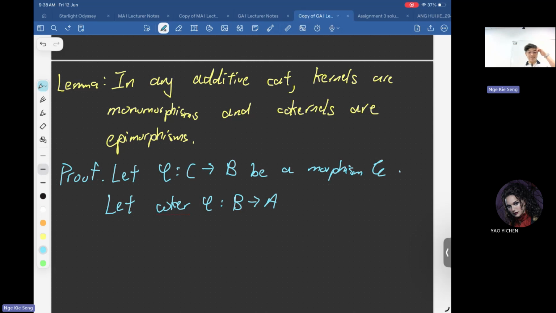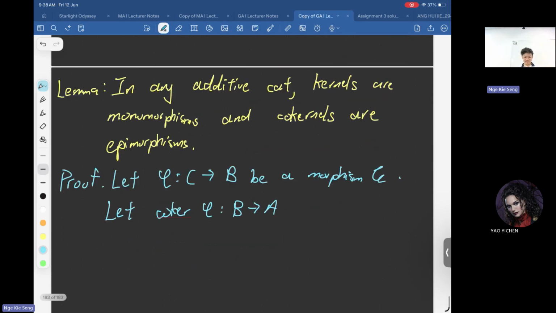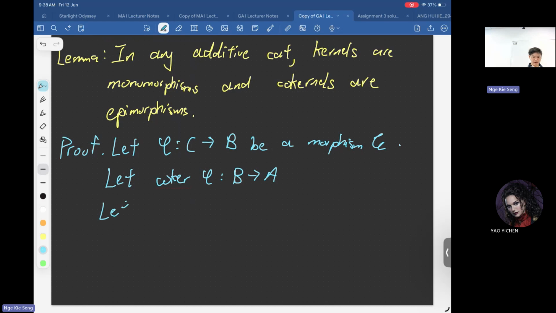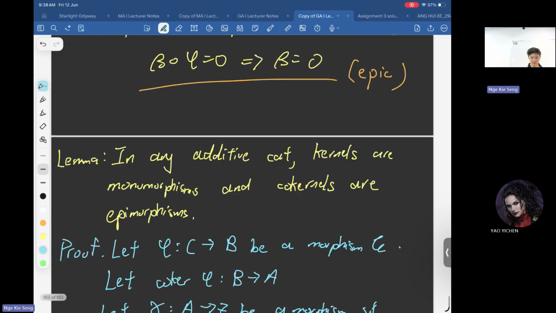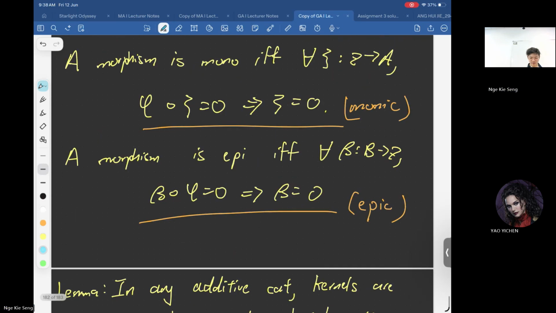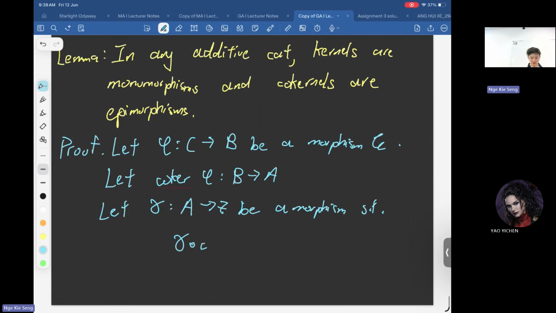We want to show that co-kernels are epimorphisms, so we apply the equivalent definition: consider a morphism gamma from A to Z such that gamma composed with the co-kernel of phi is 0. We want to show that gamma is 0, by the lemma we had just now.